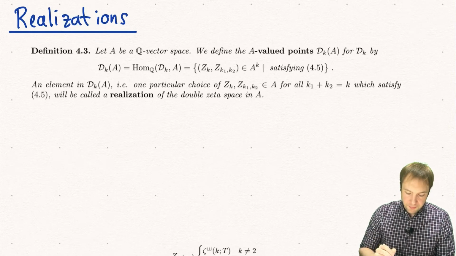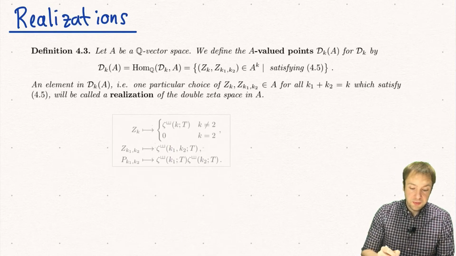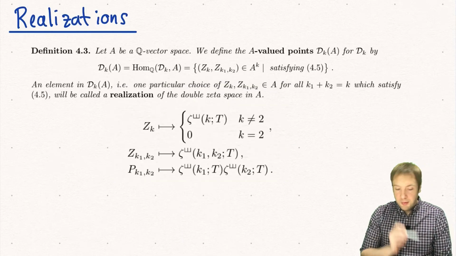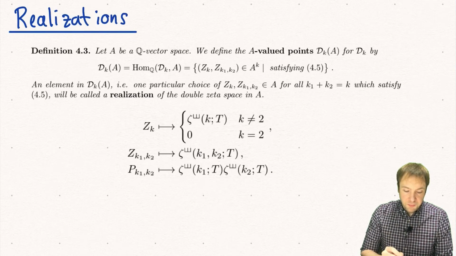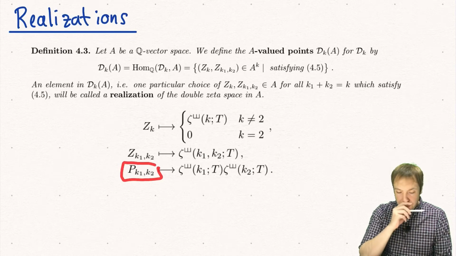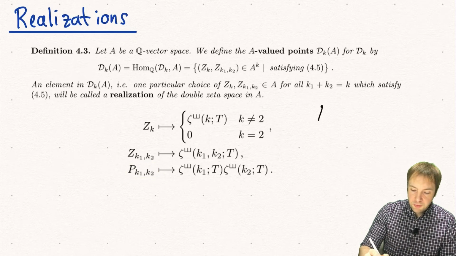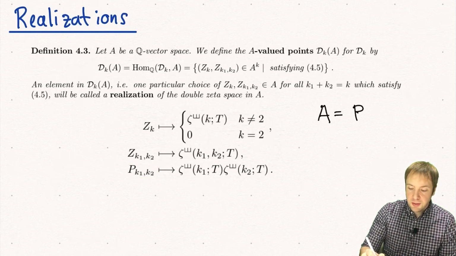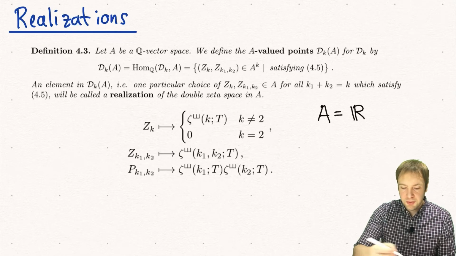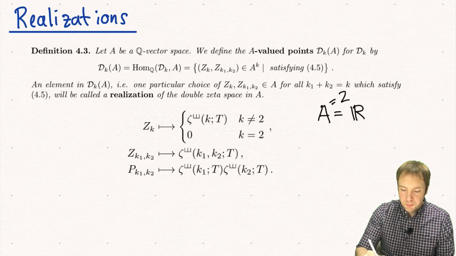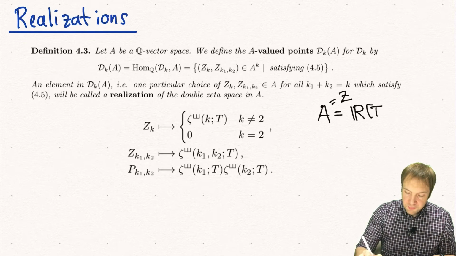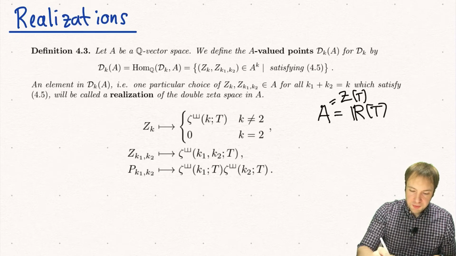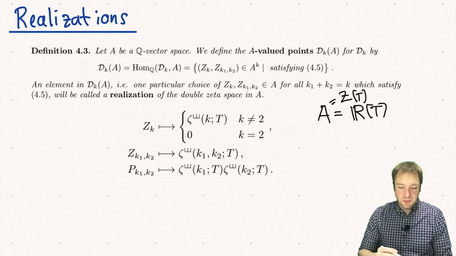And then, of course, our multiple zeta values give a realization, which we need to correct a little bit in weight 2. For the vector space A, we just take R, or we could also take the space of multiple zeta values, where in this case it's even R[T], because we take these polynomials, but we could also set T to be 1.